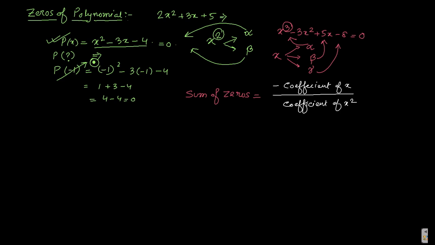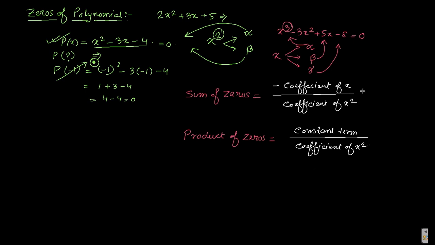And another important term is the product of zeros, which is expressed as the constant term by the coefficient of x square.